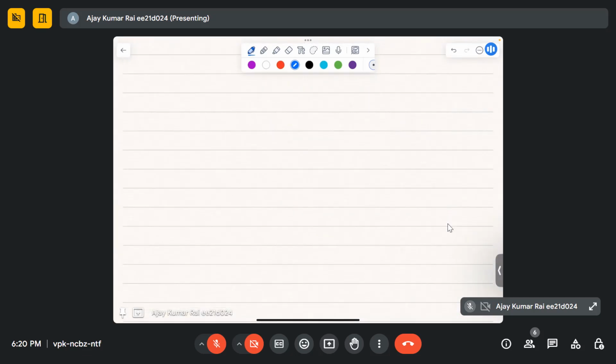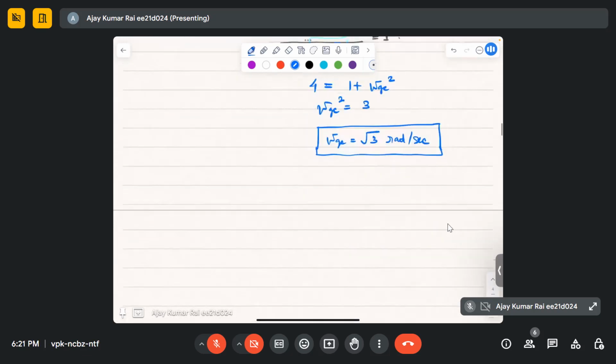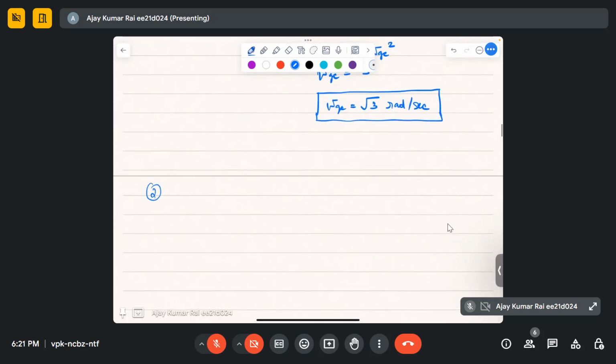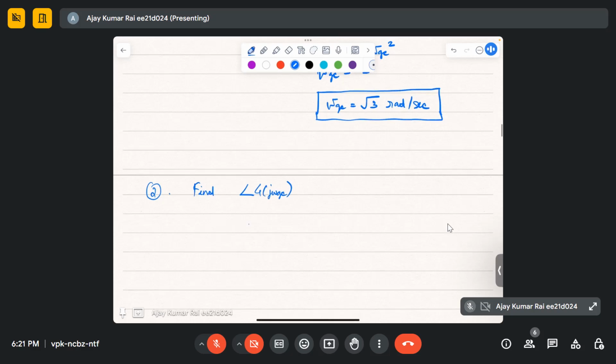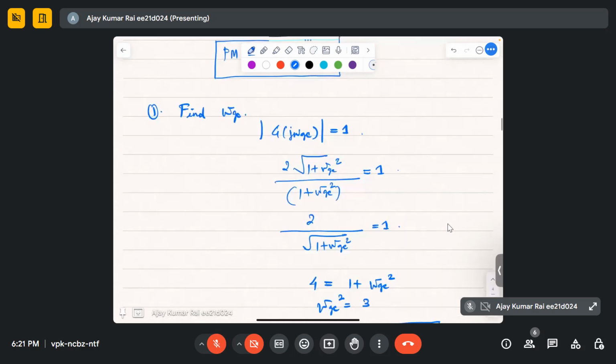The next step is to find the phase at this frequency, the phase at omega gc. We know this, 3 tan inverse of omega, from here.